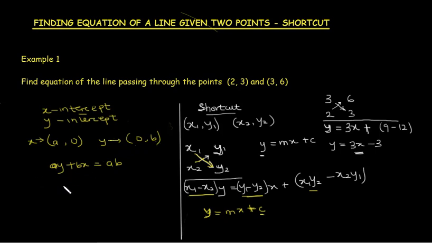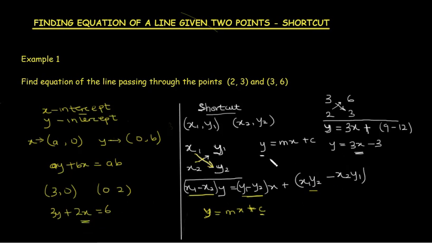For instance, if we have the x-intercept as (3, 0) and the y-intercept as (0, 2), then the equation joining these two coordinates will be 3y + 2x = 3 times 2, which is 6.